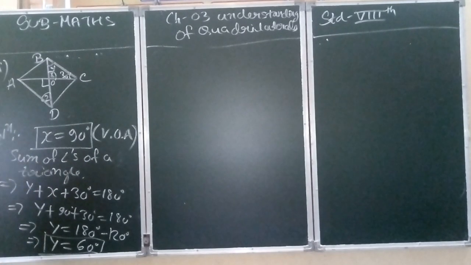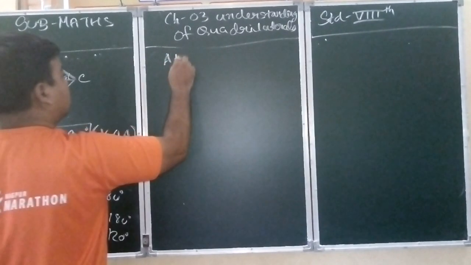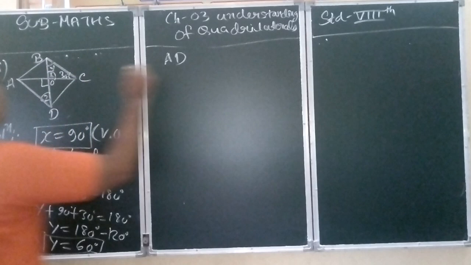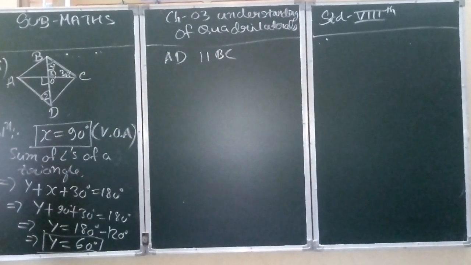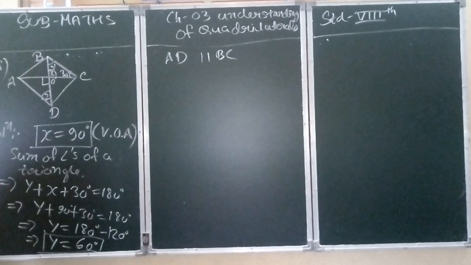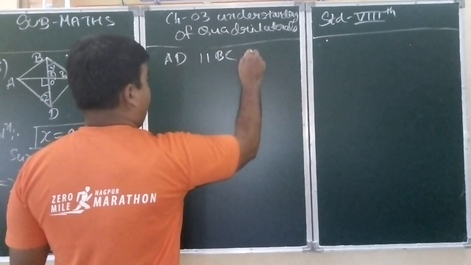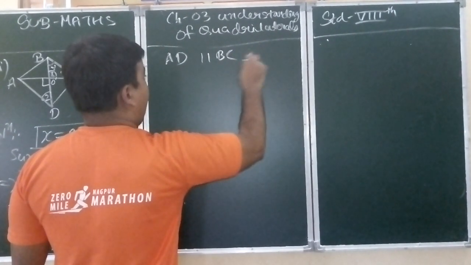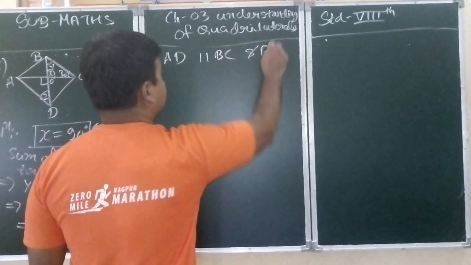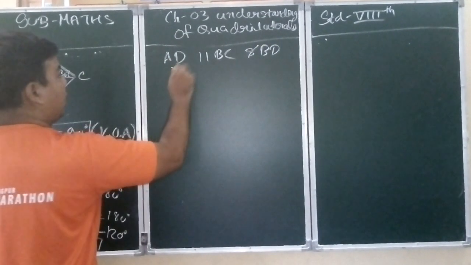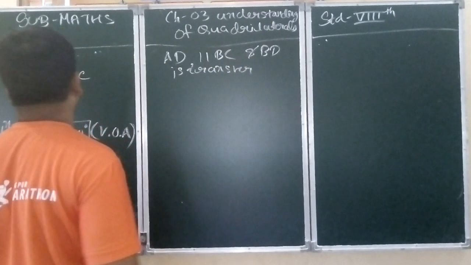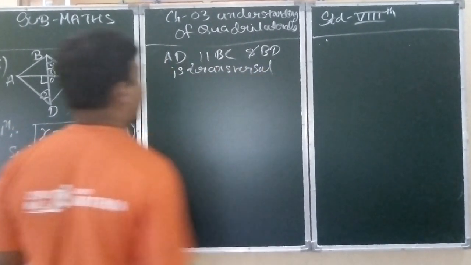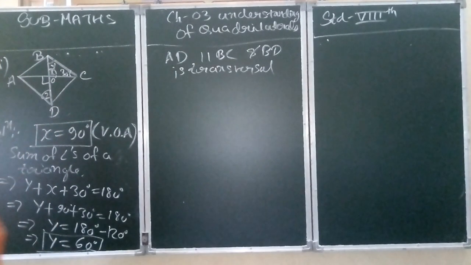Z. Now see the AD. AD is parallel to BC. We already know in a parallelogram opposite sides are parallel. So AD is parallel to BC, and BD is transversal.